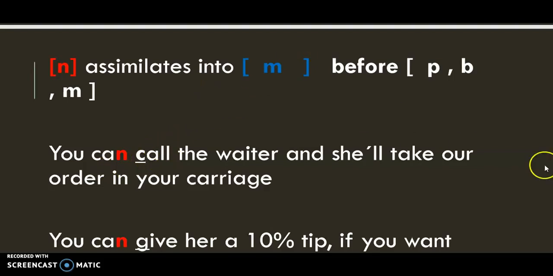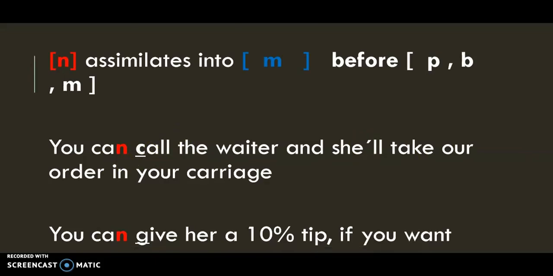And let's analyze the last two examples for the alveolar nasal. Can call, can give. Do you say can g? No, you probably say can call, anticipating the production of the following sound. So which is the sound that you're using in this context?